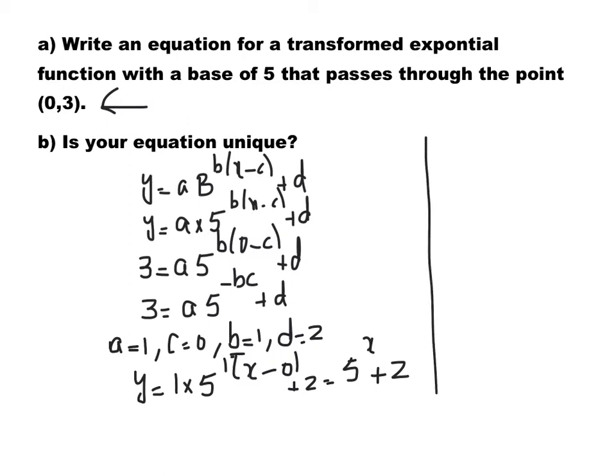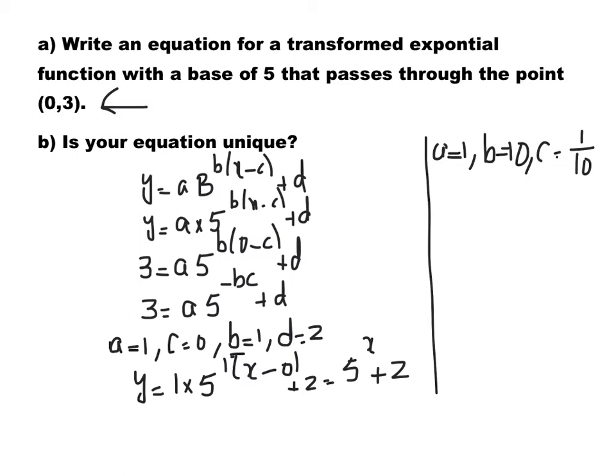Now you may say, okay, give me another example. For a second solution, let's say a is 1, let's say b is 10, and let's say c is 1 over 10. Again, these are random numbers. Let's see what the d value is now.